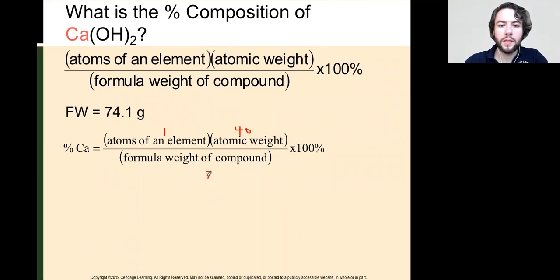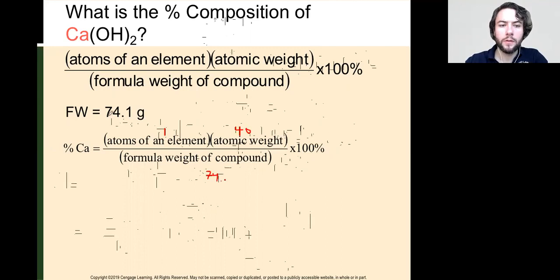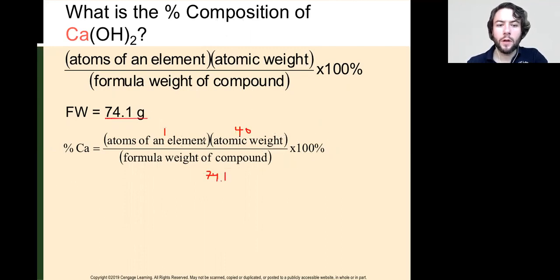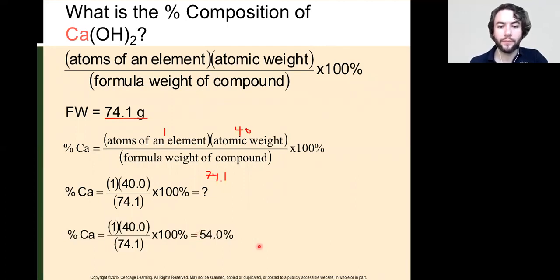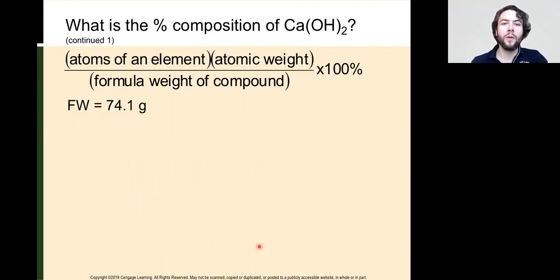And then this is going to be 74.1, which is from here. So 1 times 40 over 74.1 times 100% gives us the calcium percentage, which is 54.0%. Then we'll do it for oxygen and hydrogen.